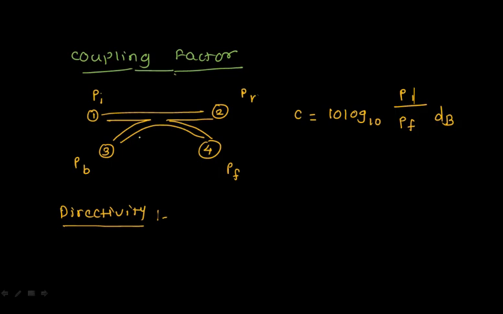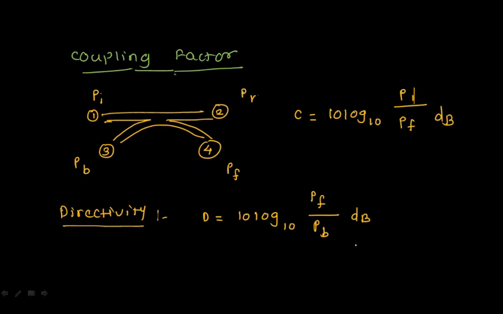So D is equal to 10 log to the base 10 of the ratio of your forward power to the back power, and we are assuming that whenever the input power is given to port 1, port 3 must be decoupled, so it should be 0. So ideal directivity is nothing but infinite.